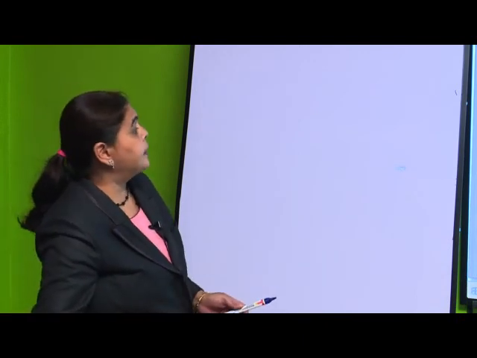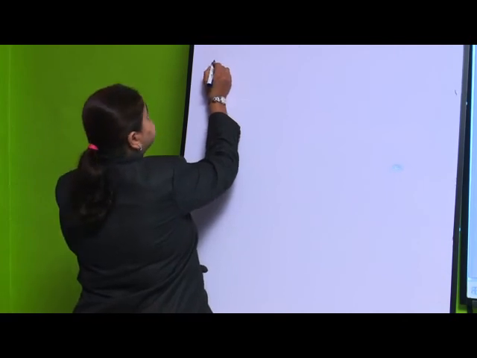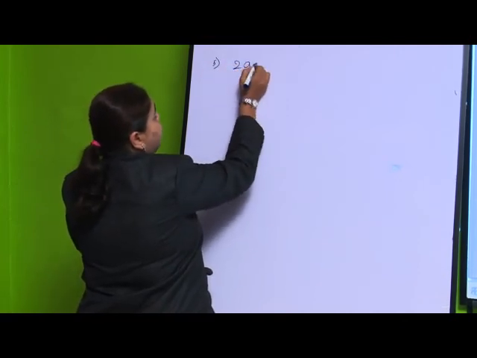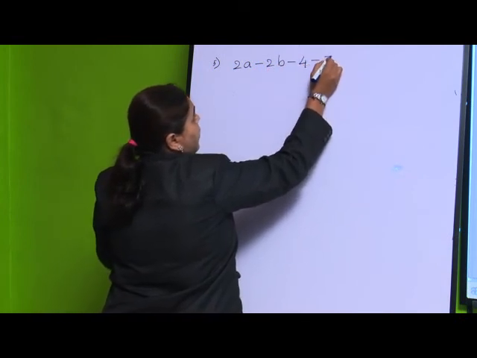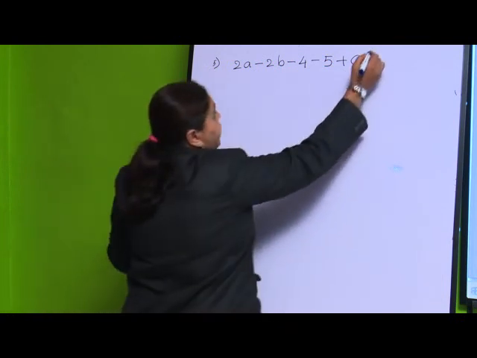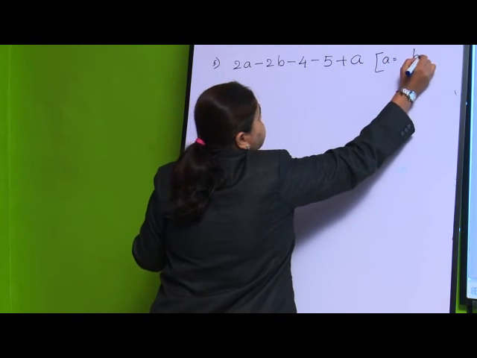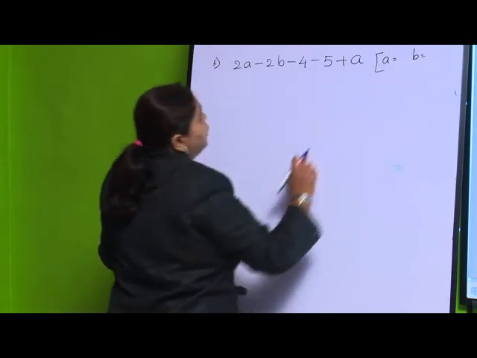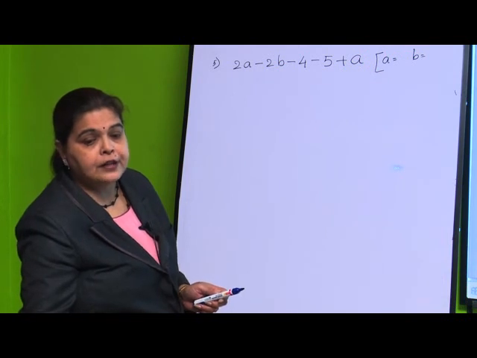So, here we have an expression 2a minus 2b minus 4 minus 5 plus a. Here already in the question the values of a and b are given.